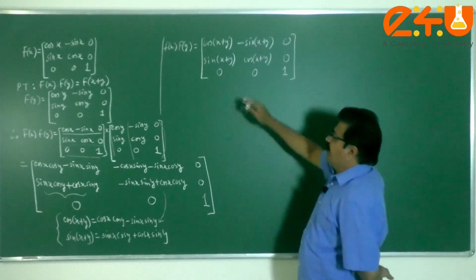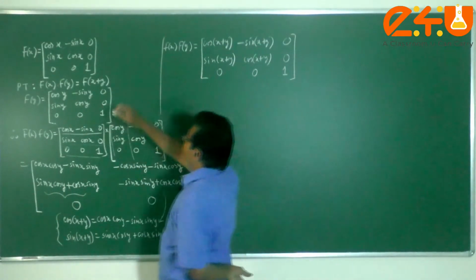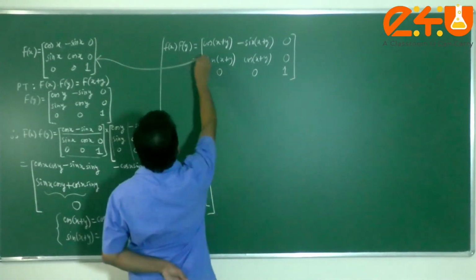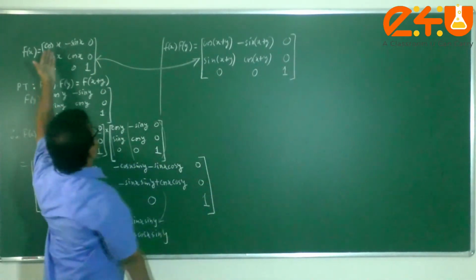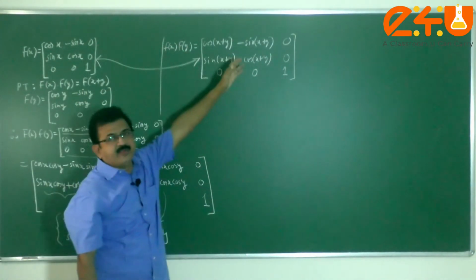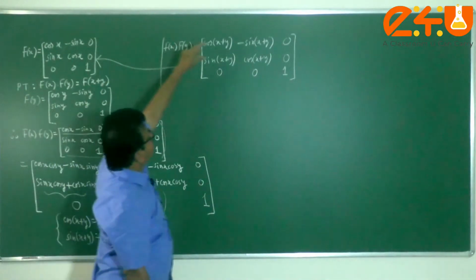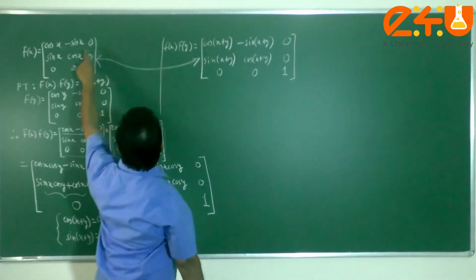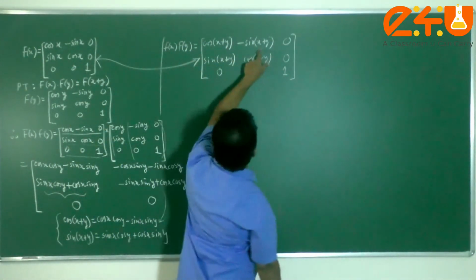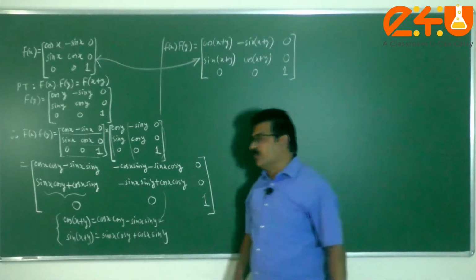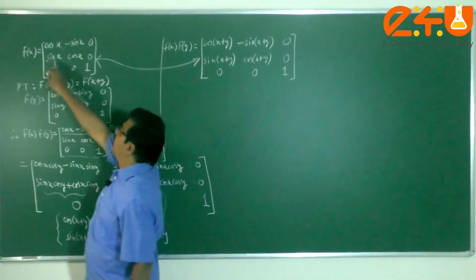After writing this step, I request students to compare what is f of x and what is this you got. Cos x is replaced with cos of x plus y, which means the variable x is replaced with x plus y. Variable x is replaced with x plus y in the second element also. Negative sin x has become negative of sine of x plus y. Similarly, in the second row there are two elements.